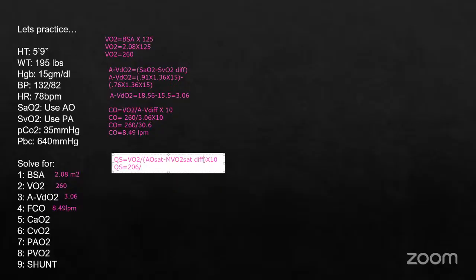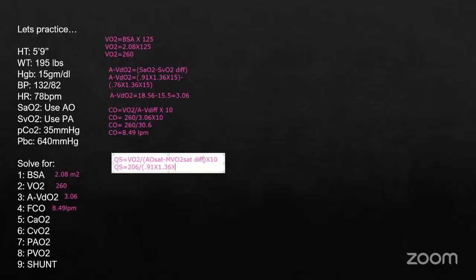All right, so I'm going to start substituting the values, just like I did for cardiac output on the top. For my system, which two pieces of information do I need? I need AO and I need mixed venous. I know I already used AO, which is 0.91 times what? I'm using cardiac output. 76. Oh, no, 1.36.